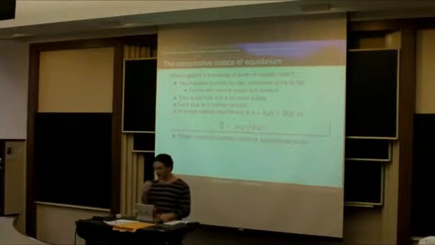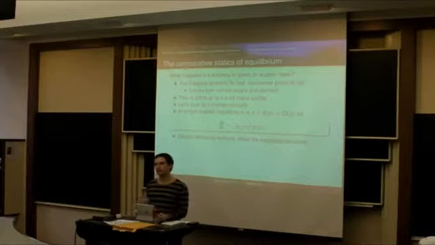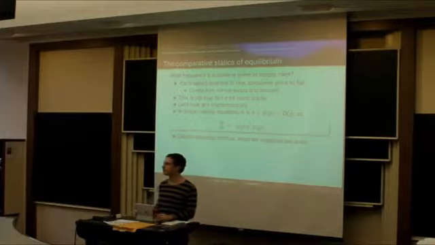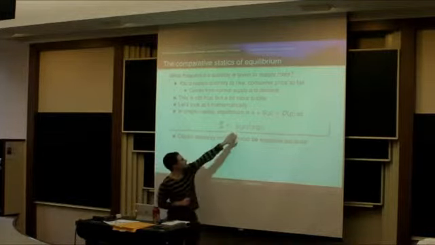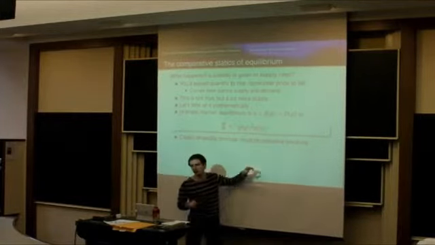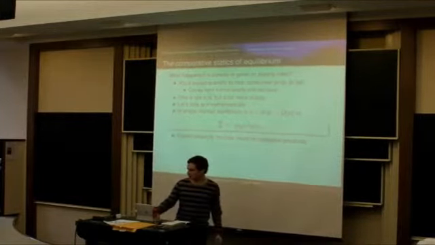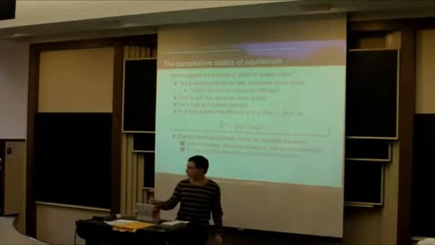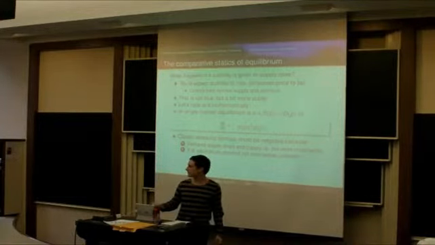Now, this is like the classical formula for the effect of an increase in supply. And why does this have to be negative? Why does the price go down when the supply increases? Well, it's because the demand slopes downward, so this is negative, and the supply slopes upward, so this is positive. But notice that you don't really need that, right?